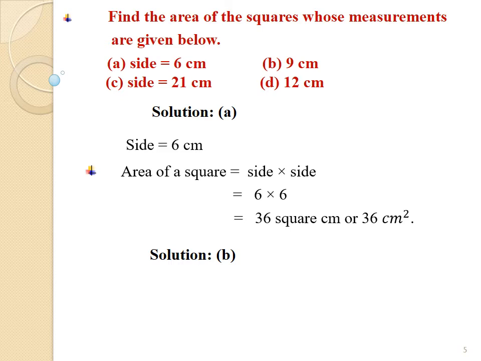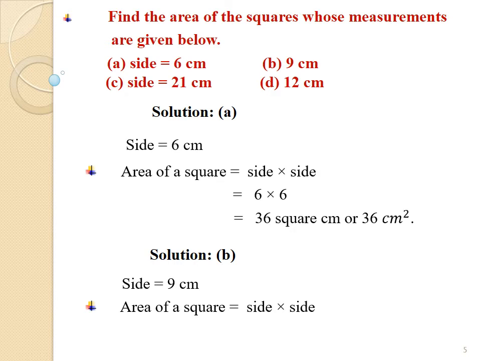Now, sum B. Side of a square is given 9 centimeters. Thus, area of a square equals side multiplied by side. Students, now let us multiply this side by the given side 9 centimeters.